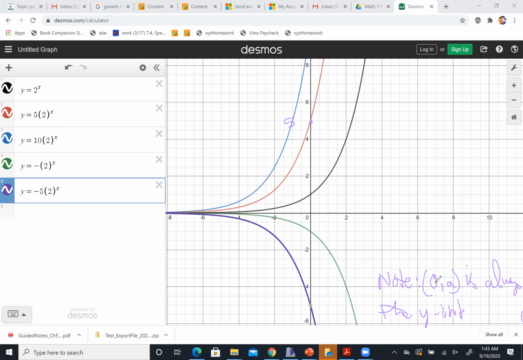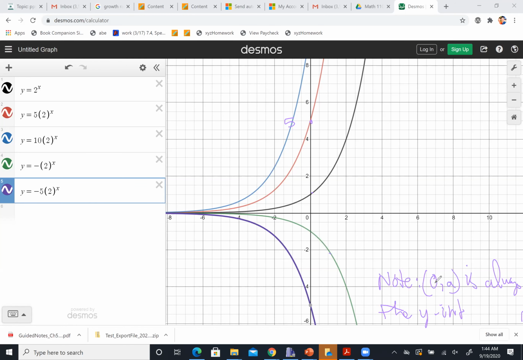I just want to show you this because it's changing the A, to see the difference between the graphs.